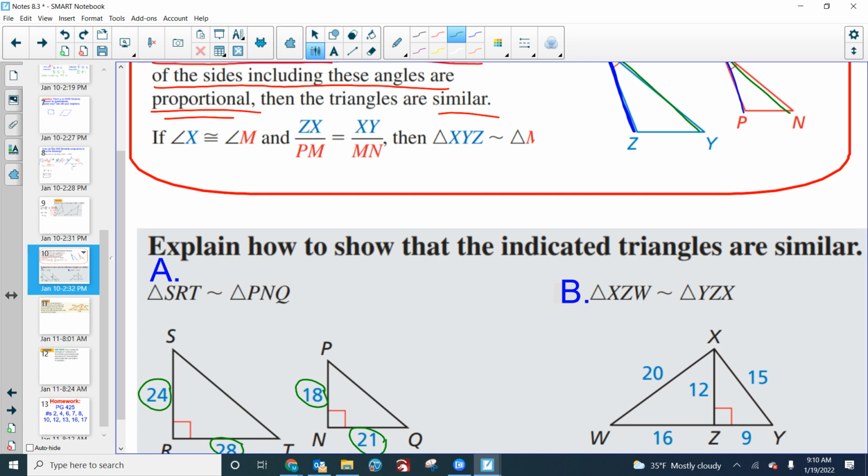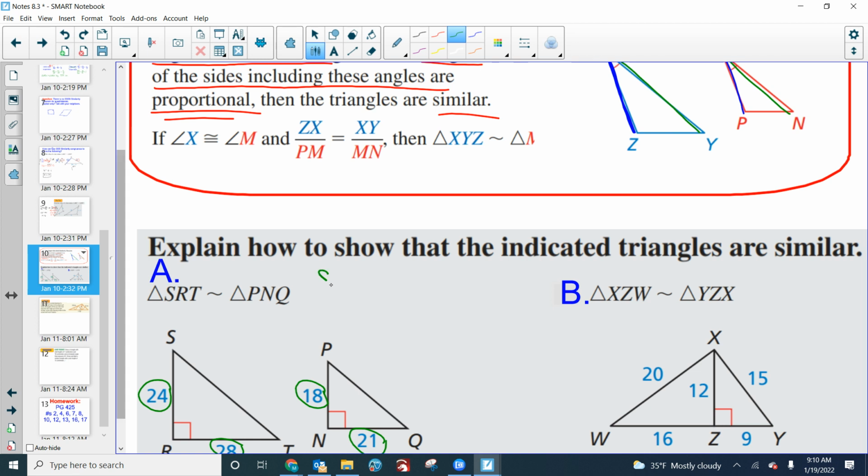Yes? What is the ratio of SR to PN? It is 24 to 18. What does that reduce to? Four-thirds. Do you agree? Let's do the ratio of RT to NQ.